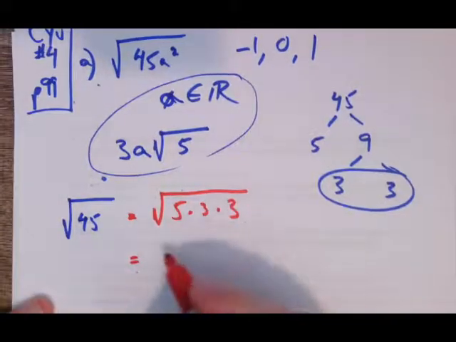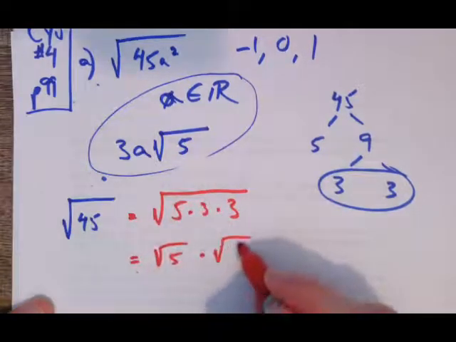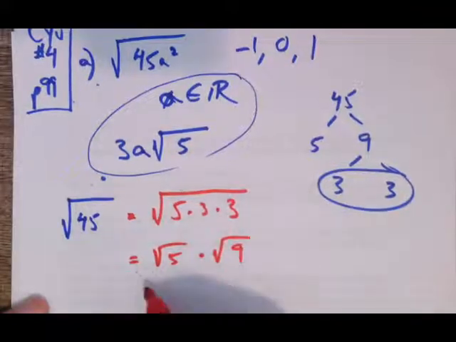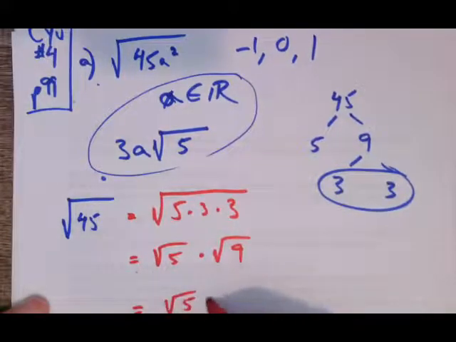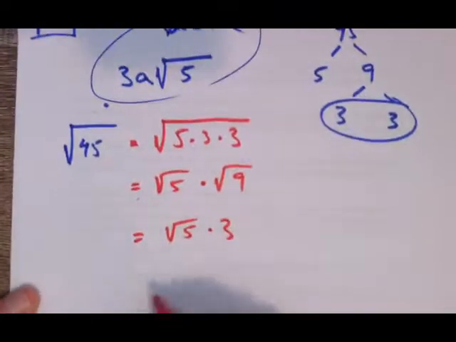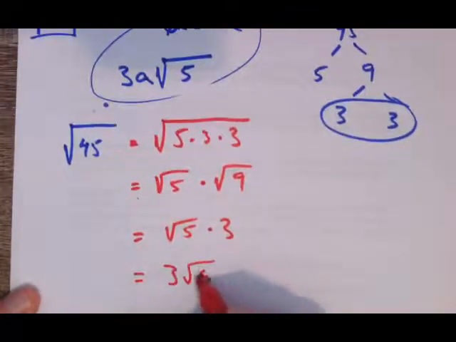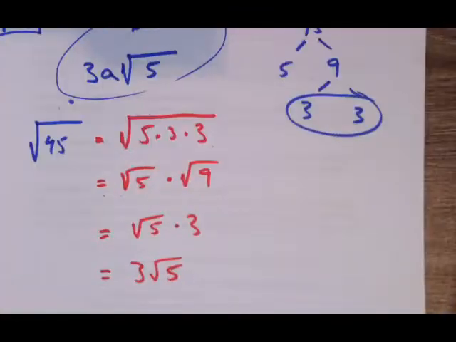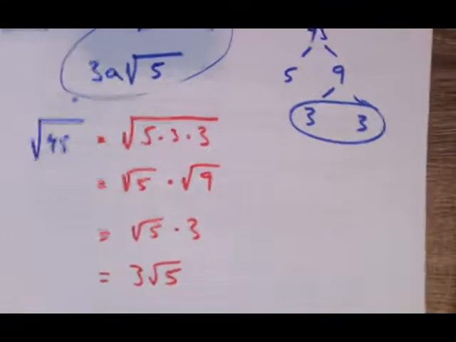I can take those 3's out, but I won't skip that step just yet. Root of 5 times root of 9, right? 3 times 3 is 9. Root of 5 times 3, which conventionally we would write as 3 root 5. Hopefully that makes sense. Please let me know if you need me to go over it.